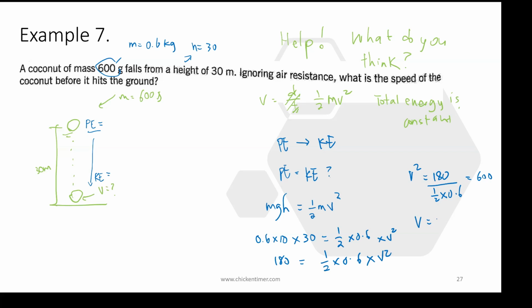Then take the square root of 600, which is 24.5. Yep, like that.